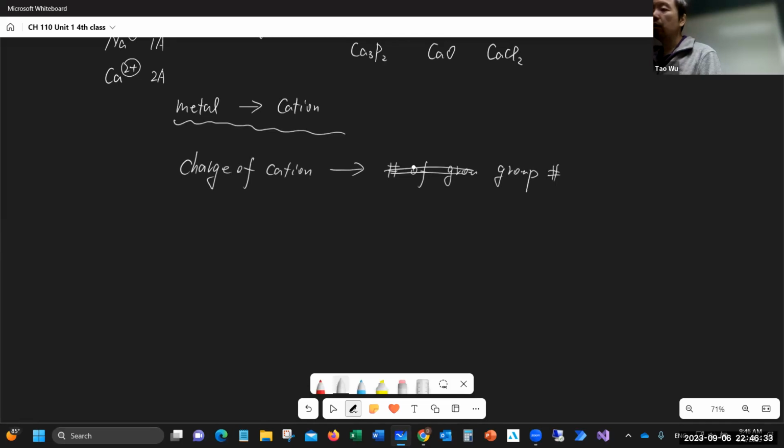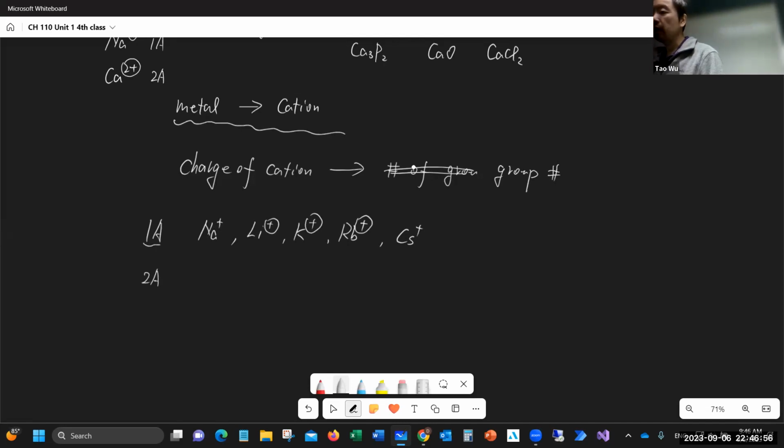For example, in the 1A group, you have sodium ion, lithium ion, potassium ion, rubidium ion, and cesium ion. They always have a one positive charge because they're in the 1A group.